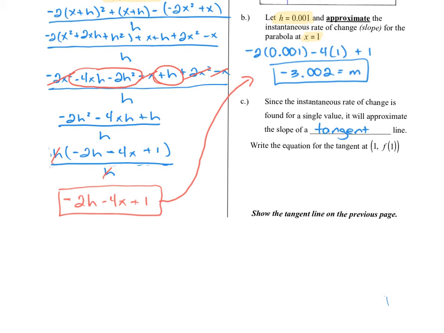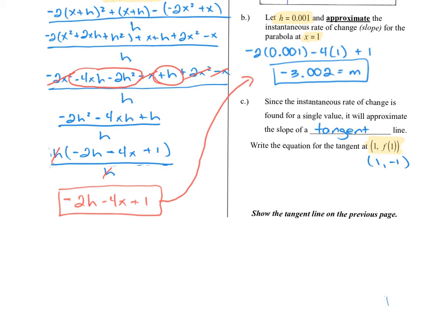The ordered pair I have listed here, 1, f of 1, has the x value that I chose from up above. The x value that we chose in calculating our slope is the same x value. And our f of 1, we actually calculated that also on the previous page in our previous video.